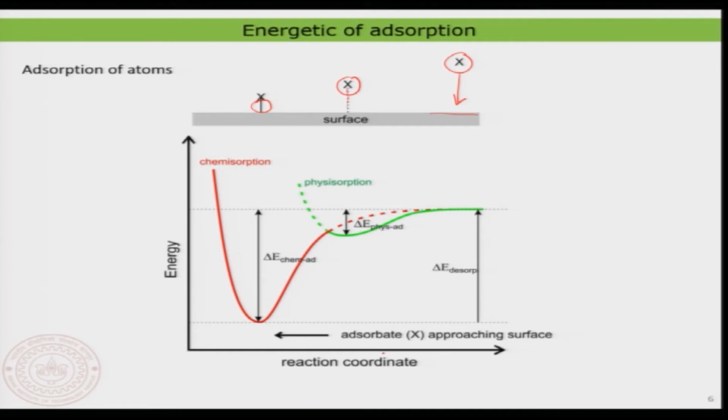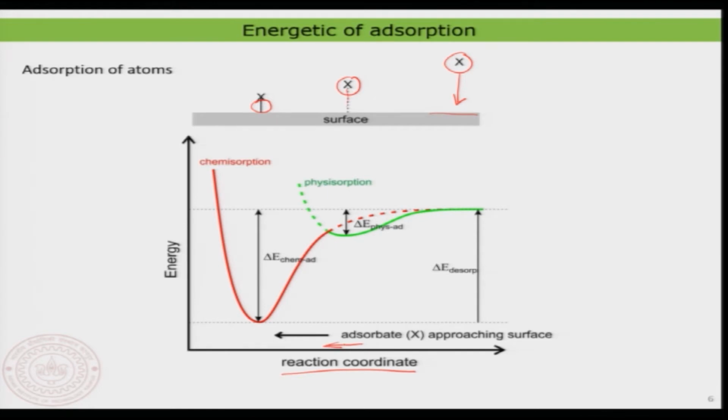So, what I am plotting here is something known as the reaction coordinate. Right now, just for convenience, we use a one dimensional coordinate of the atom moving towards the surface, nothing more. It is just a one dimensional coordinate. That means along this direction the atom is basically approaching the surface.